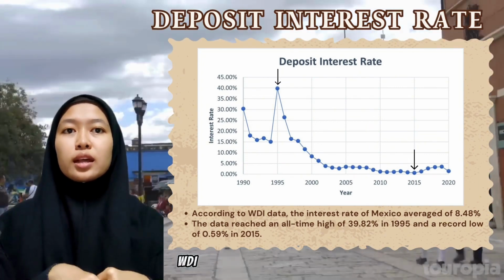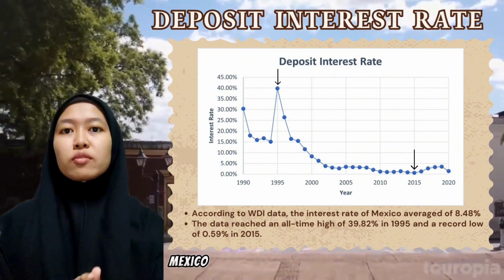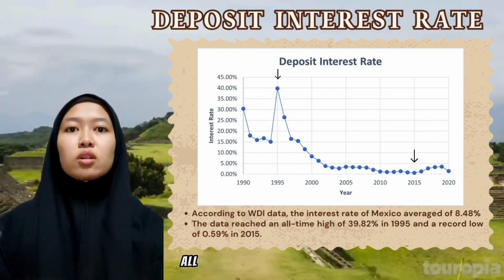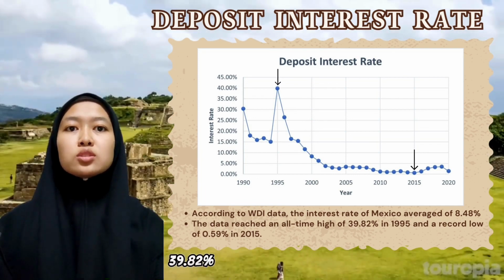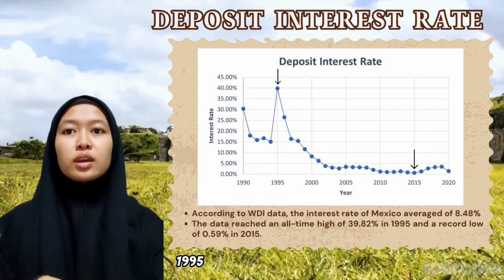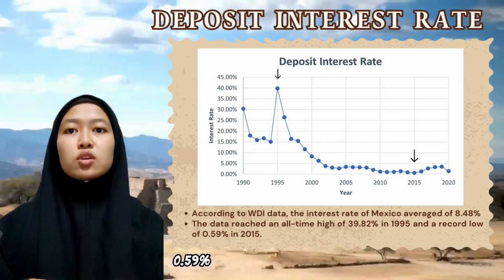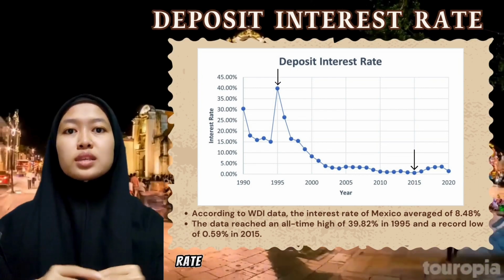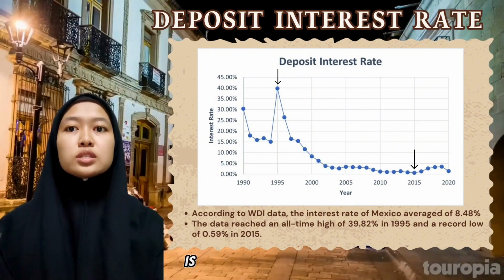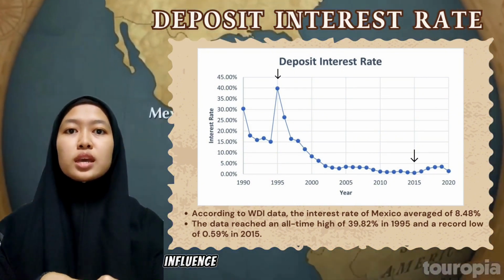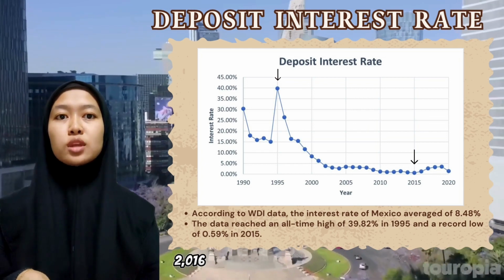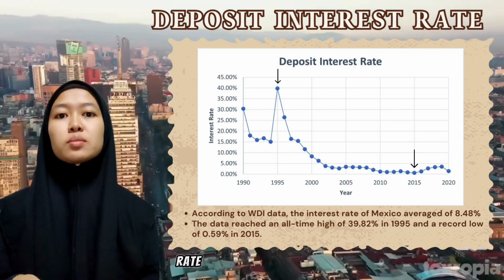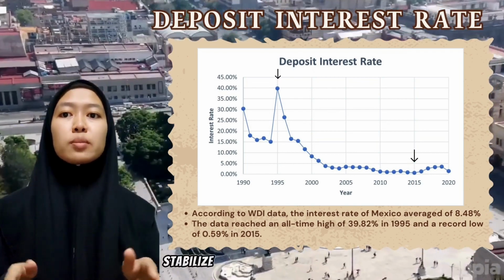According to WDI data, the interest rate of Mexico averaged 8.48%. The data reached an all-time high of 39.82% in 1995 and a record low of 0.59% in 2015. The interest rate set by the Bank of Mexico is one of the factors that can influence the exchange rate. As of September 2016, Mexico's Central Bank decided to raise its interest rate by 50 basis points to stabilize the peso.